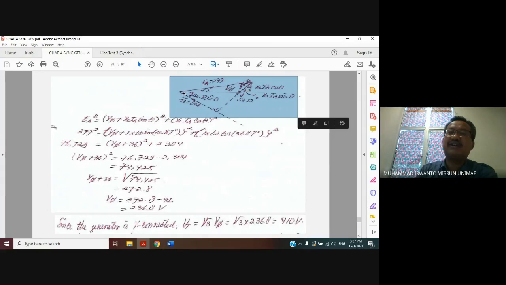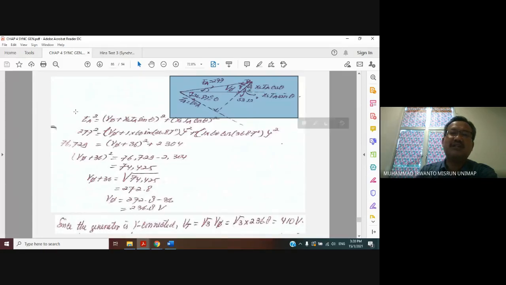Okay, now look at this triangle here. I repeat again, look at this triangle here, starting here, here, here, and perpendicular at this point. Based on the Pythagoras rule, EA power 2 is equal to the length of this line power 2, meaning the phase voltage plus IA sin theta power 2, plus this line XS IA cos theta power 2.